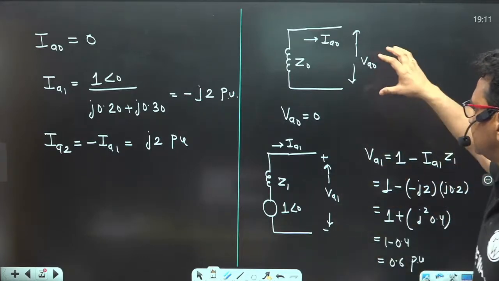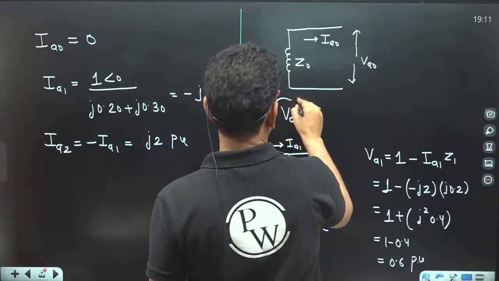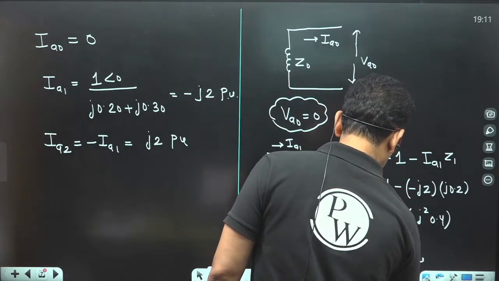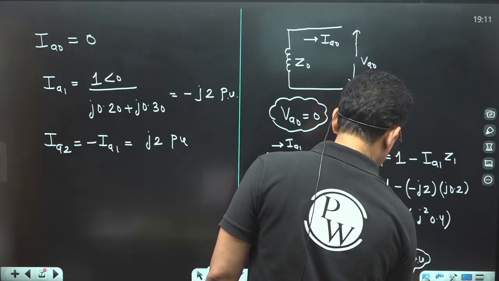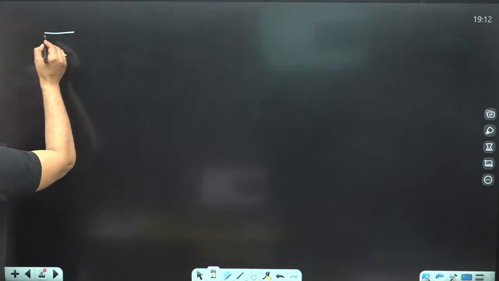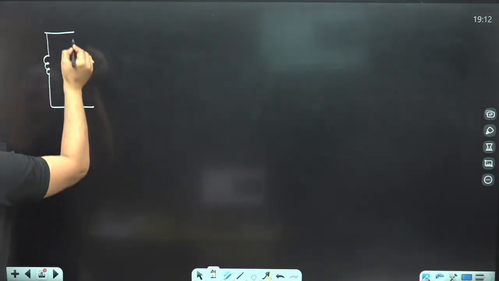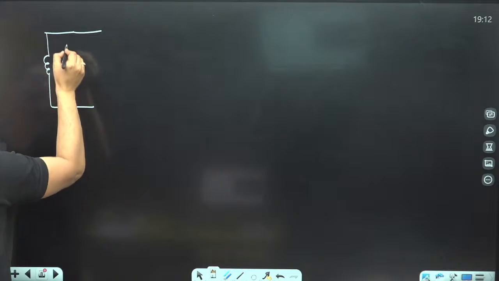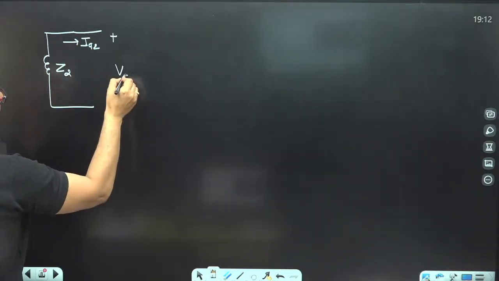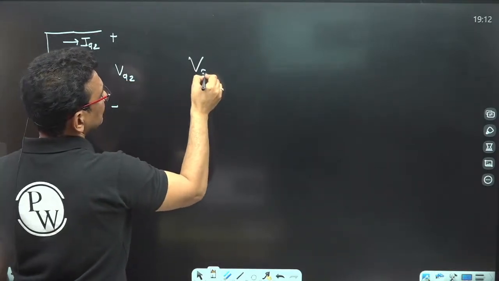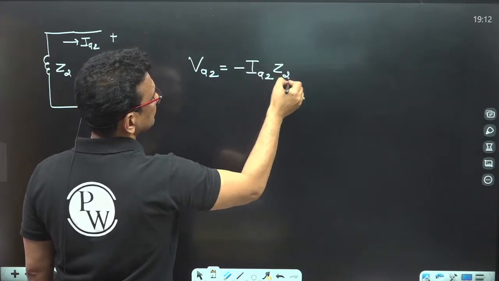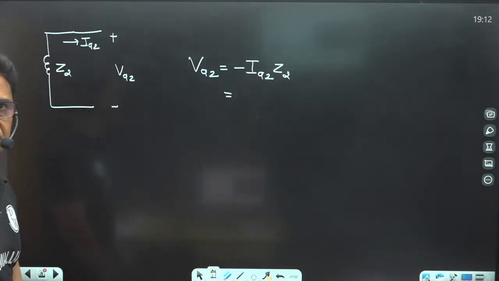So now we have the zero sequence voltage and the positive sequence voltage. Now find out the negative sequence voltage from the negative sequence network. The negative sequence network is a simple reactance Z2 where the IA2 current is flowing. Its terminal voltage is VA2. So VA2 is nothing but minus IA2 into Z2. Clear?